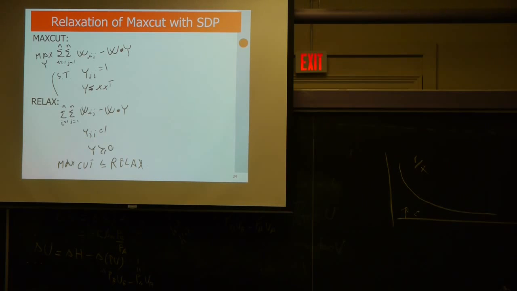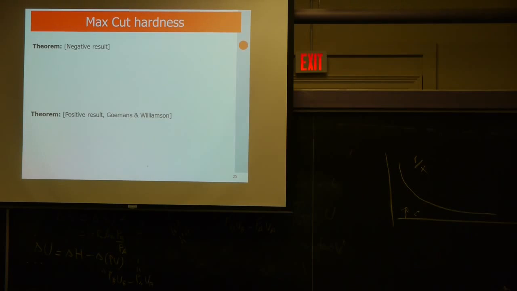Okay, so let me state 2 more interesting statements. We discussed that the max cut problem is NP-hard, right? So it's very difficult to find the optimum value of the max cut problem.